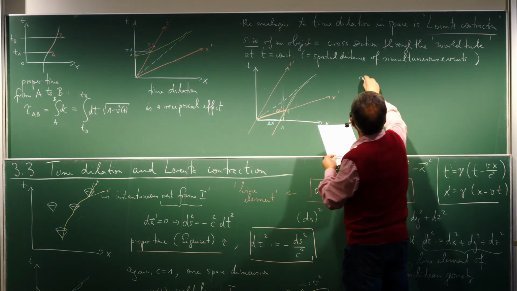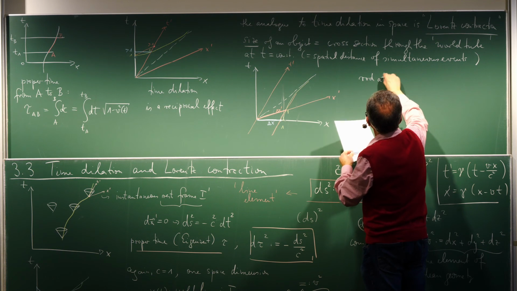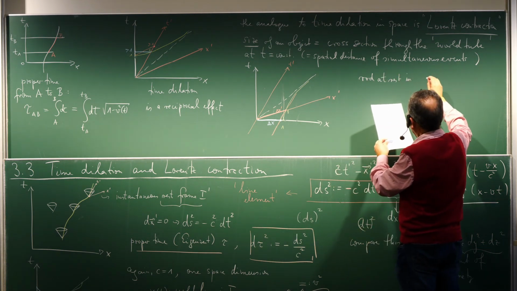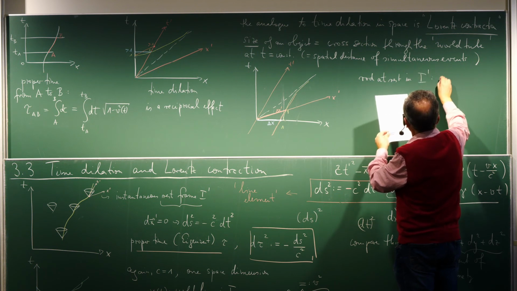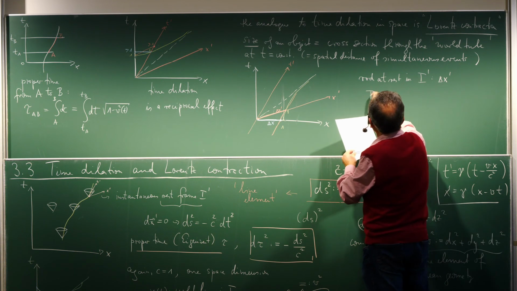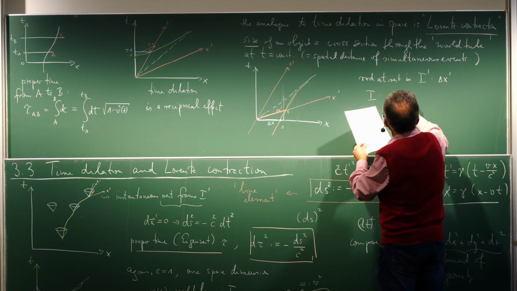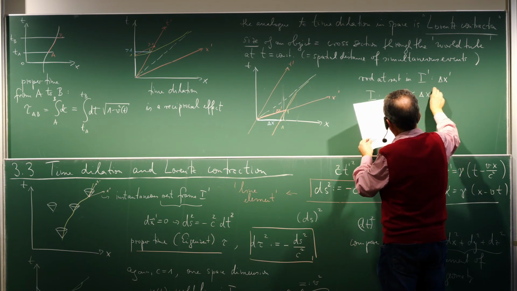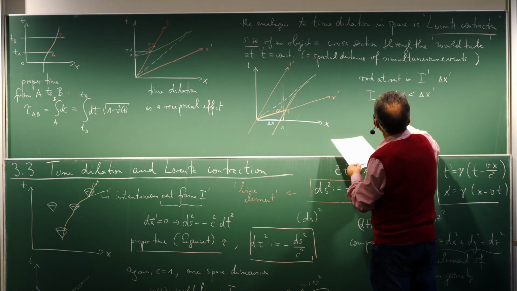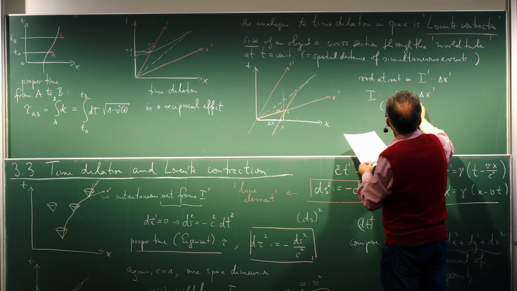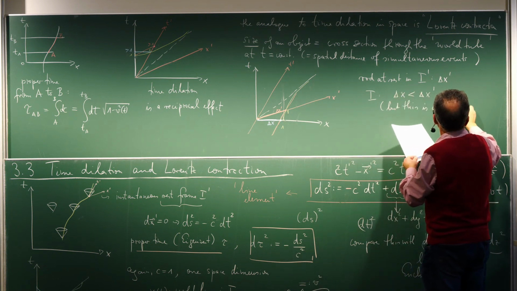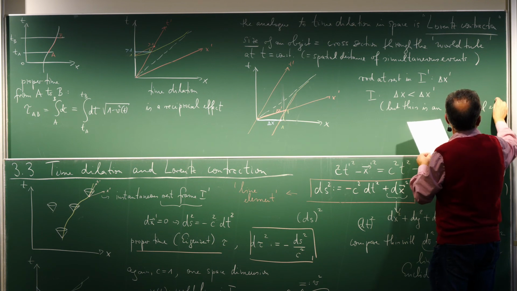So a rod at rest in I prime is delta x prime, which is 1 in the diagram, and I measures delta x smaller than delta x prime. So the rod appears contracted, but this, as just explained, is a reciprocal effect.